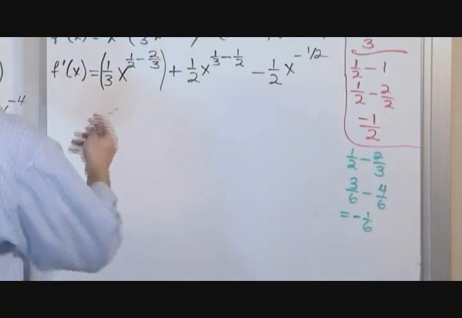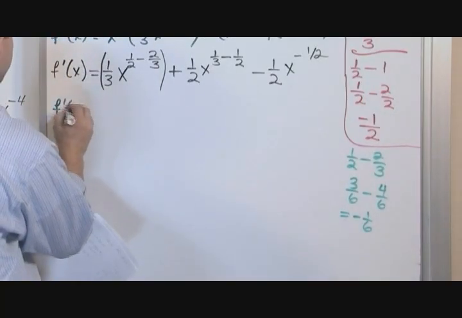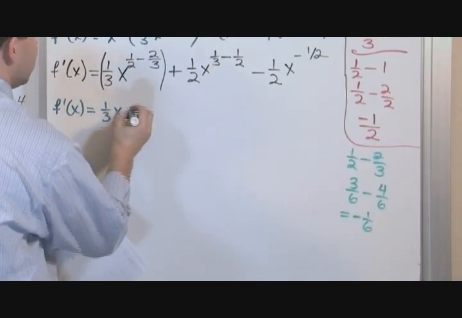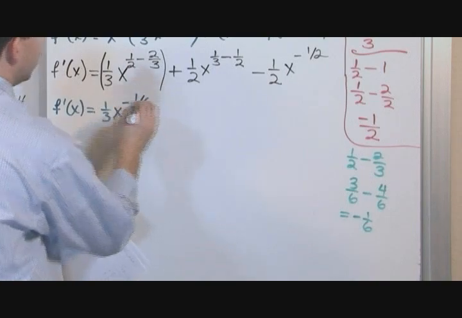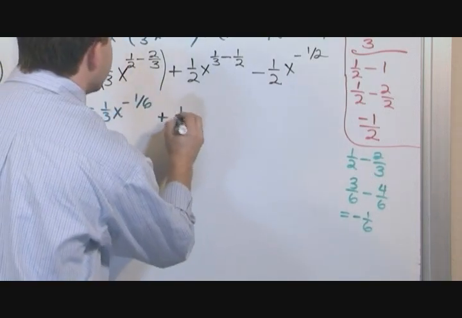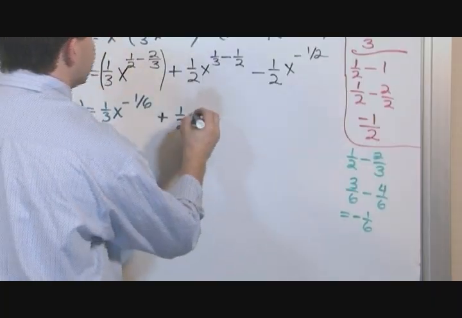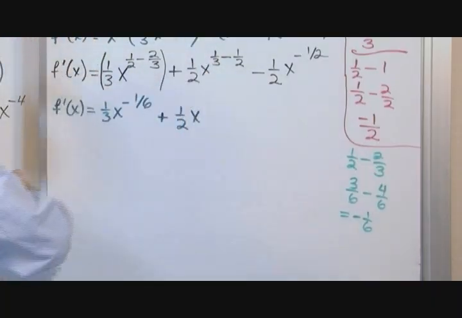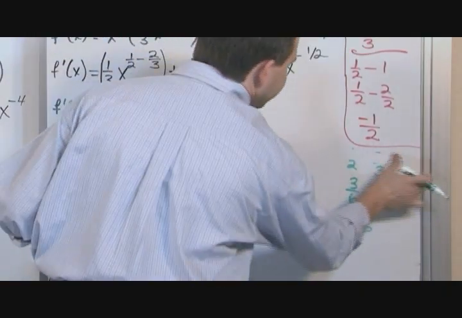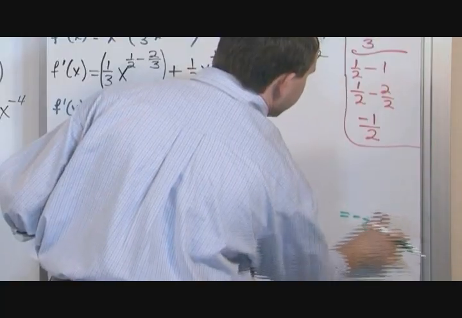So the next step, I'm going to continue simplifying. F prime of x is equal to 1/3 x to the negative 1/6 power. And then over here, I'm going to have 1/2 x. Now I need to subtract those fractions. What I'll probably do is just erase this, give myself a little bit of room.